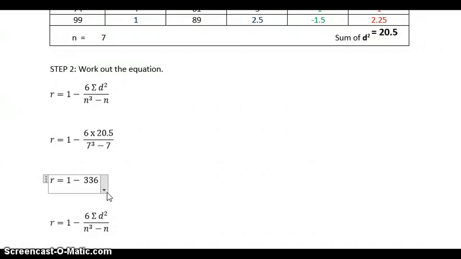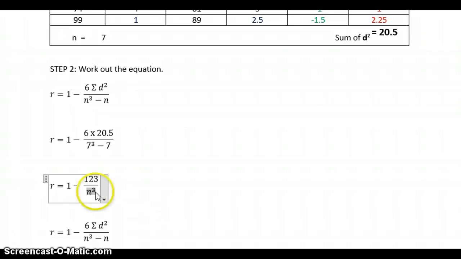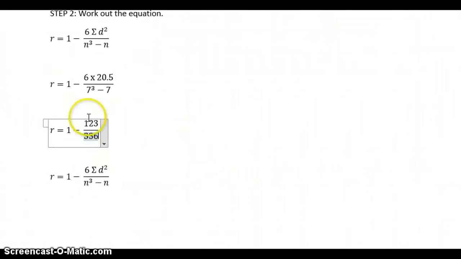Oh, you're joking me. So 336 goes in here. When I can get it to cooperate. Oh, there. Boom. Okay, 336.